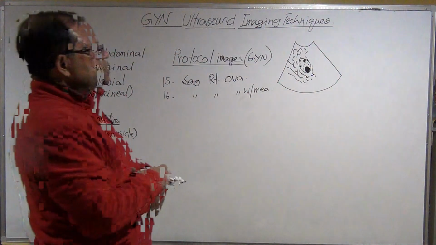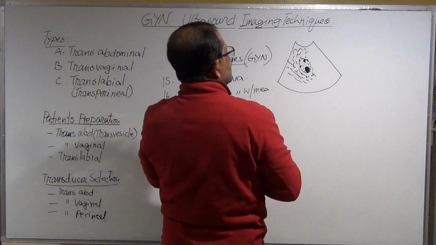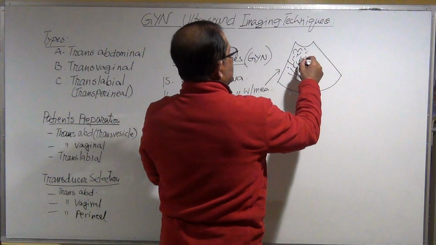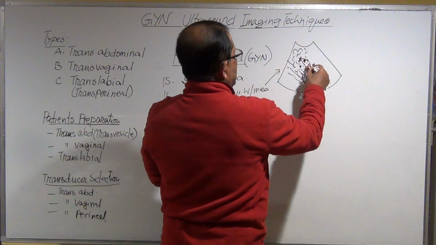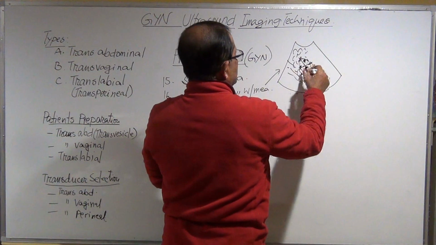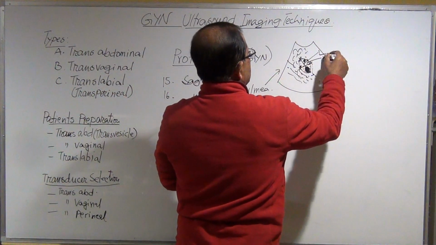Sonographically, we'll see the right ovary in sagittal view, and we will measure the length and the height. This is length and this is height.